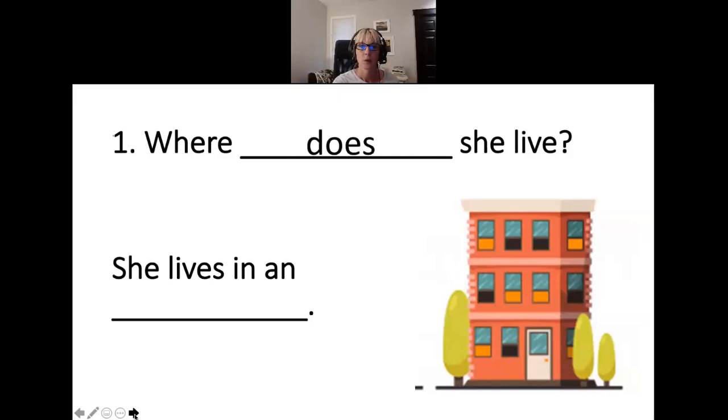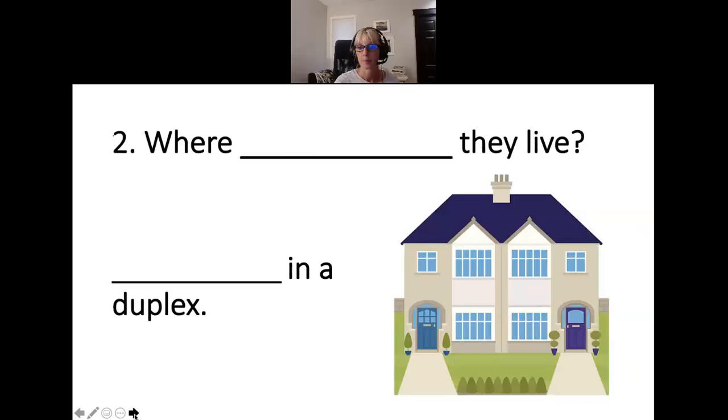Where does she live? She lives in an apartment. Where do they live? They live in a duplex.